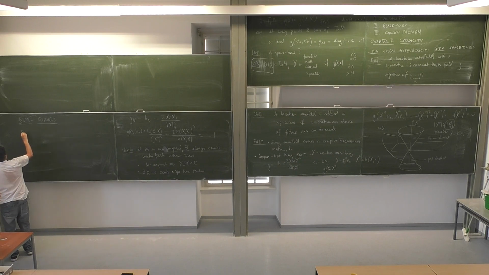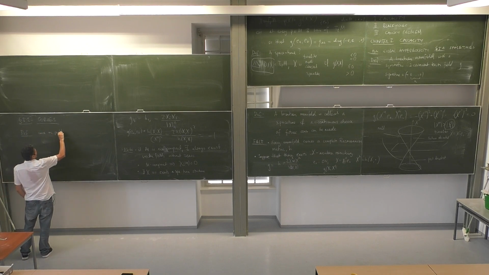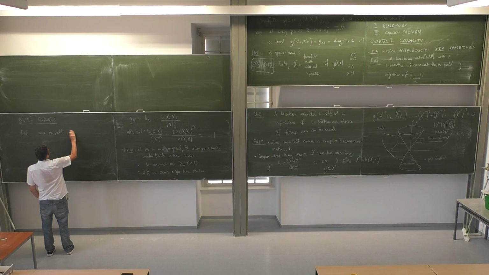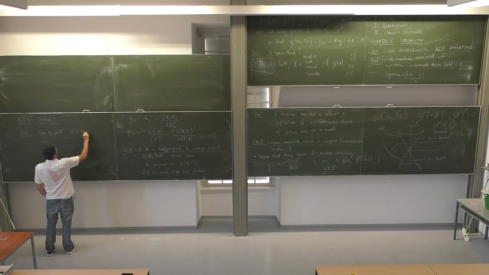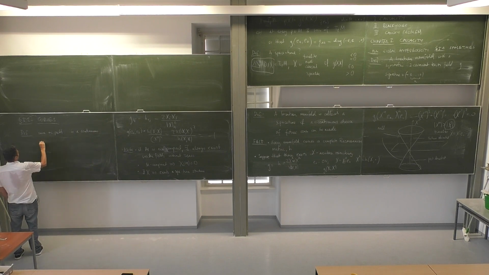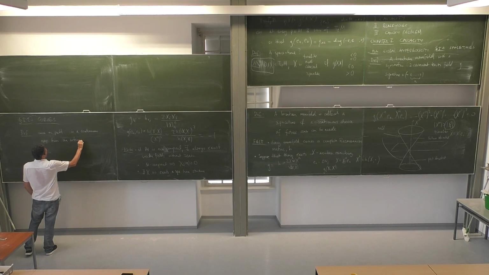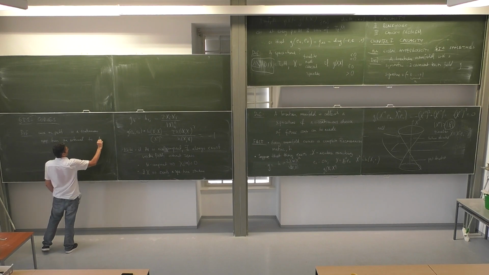For me, the curve and the path are the same. Some authors make the distinction, but I'm not going to make it here. So this is a continuous map from an interval to your manifold, an interval being what it is. And so you're given a manifold. These are curves or paths.